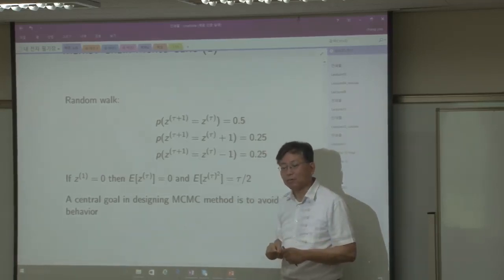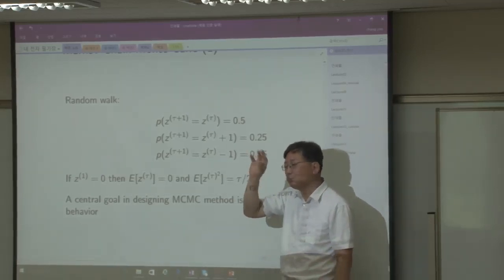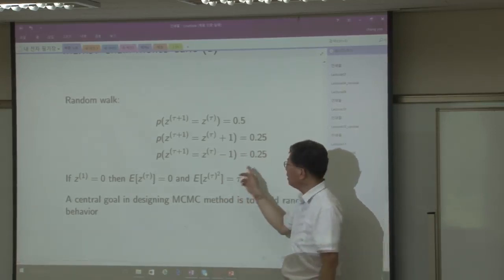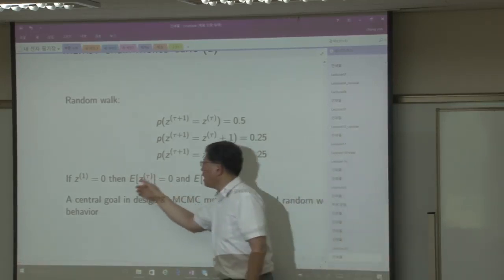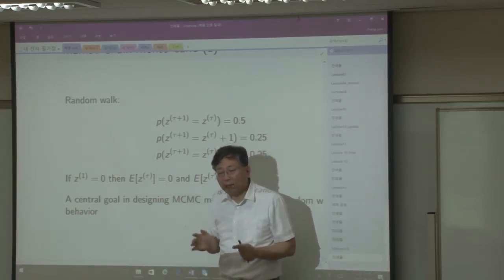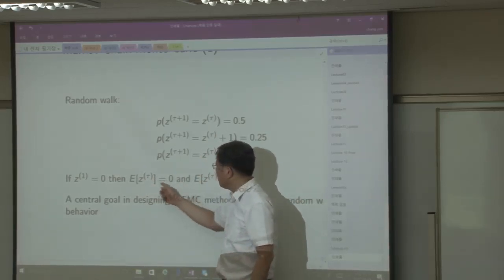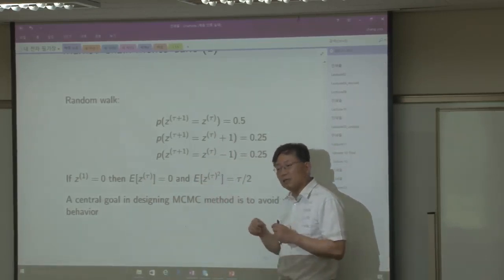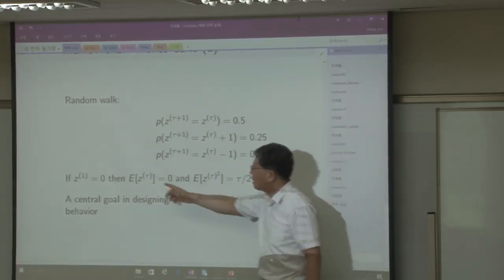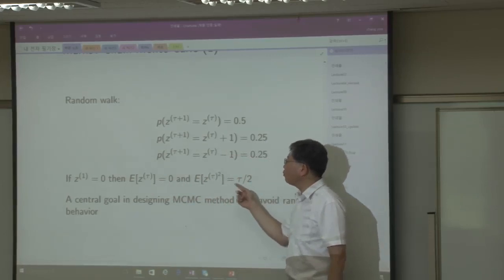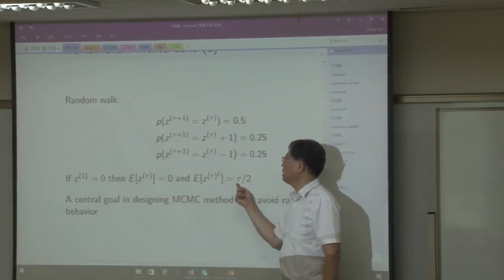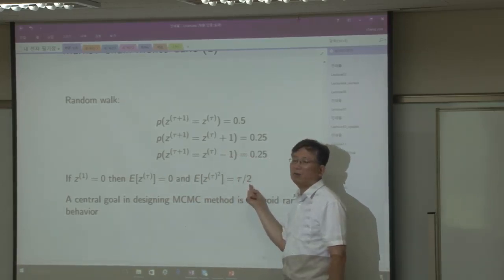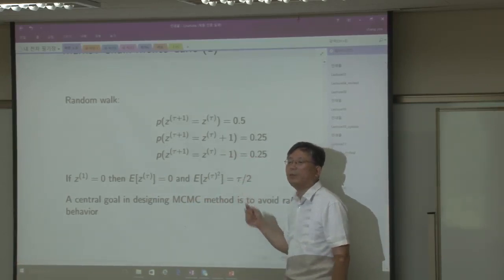Without considering the distribution P, on average I will be where I am. The variance, one standard deviation, is half tau, where tau is the number of iterations that I take.